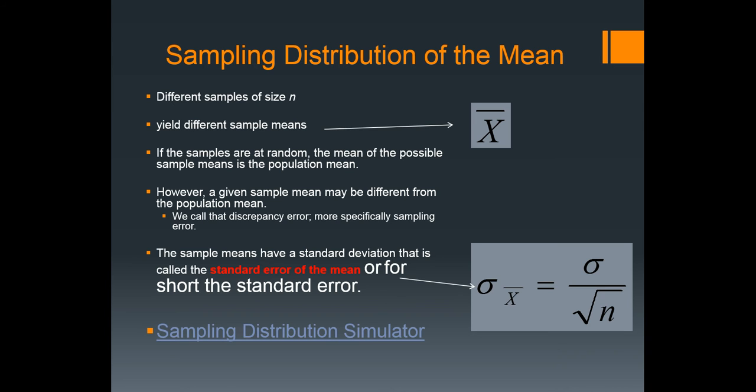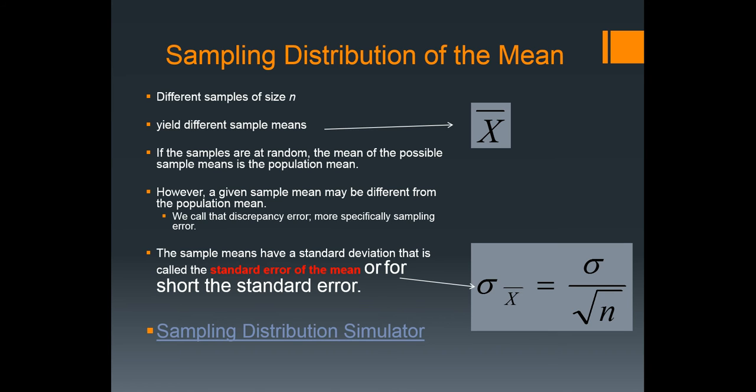So the standard error of the mean is the amount we basically expect any given sample mean to be discrepant from its population parameter, the population mean.